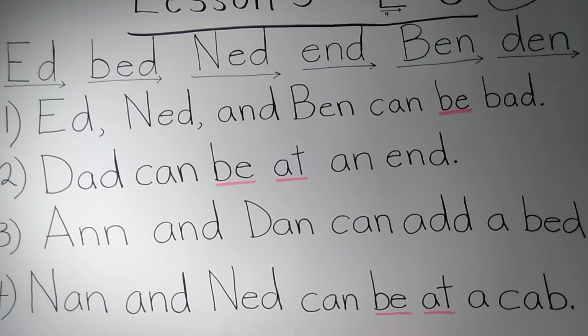So it depends on how the student looks at that one. But for me, I'd put true. 4, Nan and Ned can be at a cab, and they could be standing next to a taxi cab. So I would put true for that one.